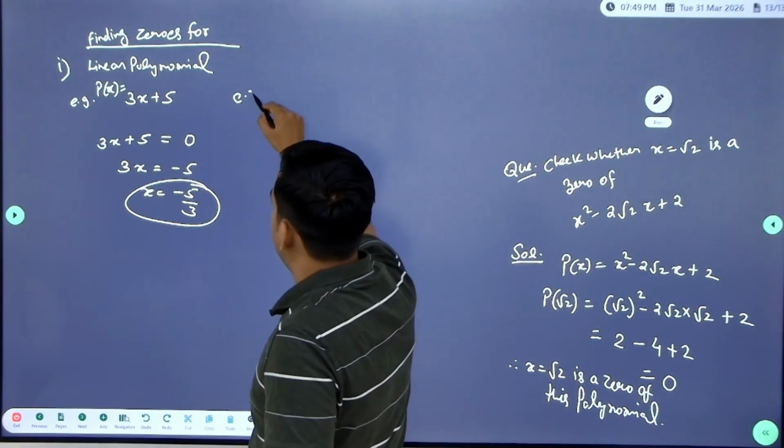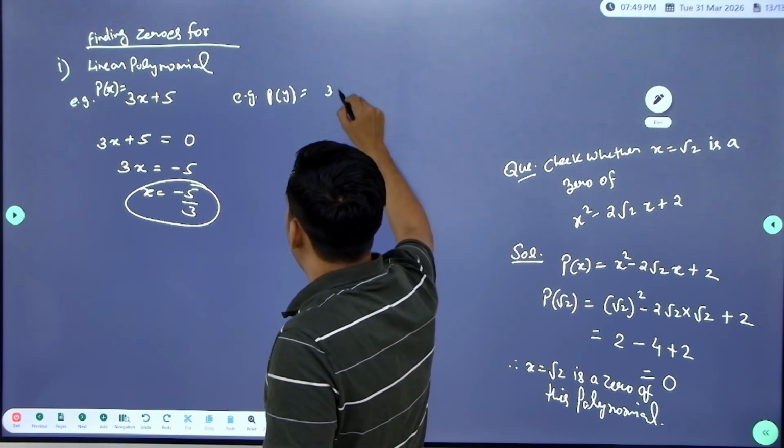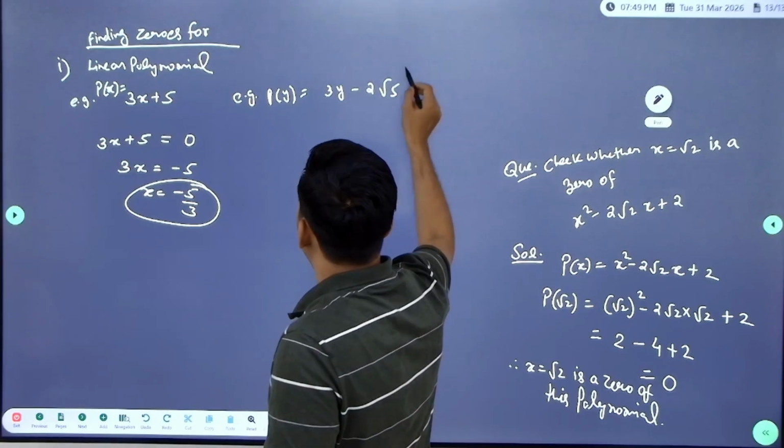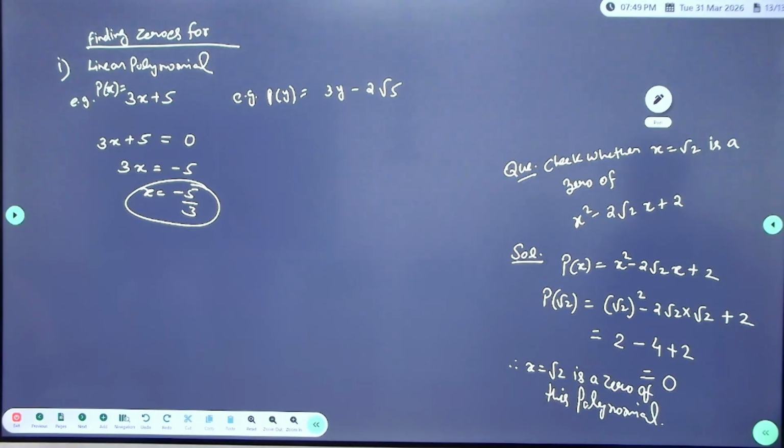Suppose the example is given like this: P(y) is equal to 3y minus 2 root 5. Now find the zero of this polynomial. In this case, the variable is y, not x.